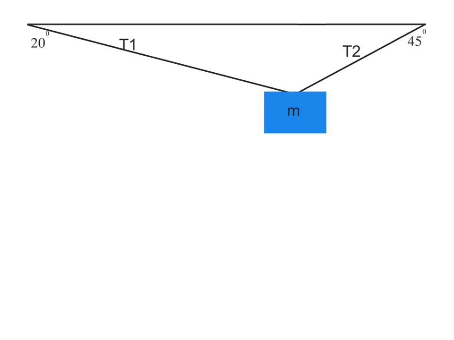And the information that I'll give you is that this tension right here, T1, is 200 newtons. So you can write that in terms of some of the information that you know, that this side over here is 200 newtons.